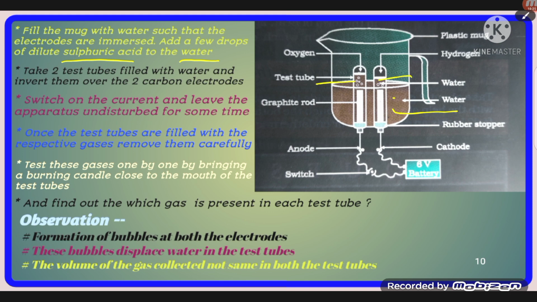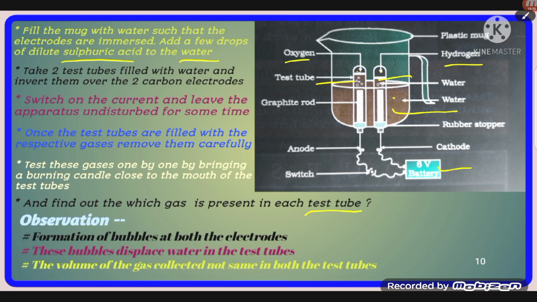Switch on the current and leave the apparatus undisturbed for some time. Once the test tubes are filled with the respective gases, remove them carefully and find out which gas is present in each test tube.